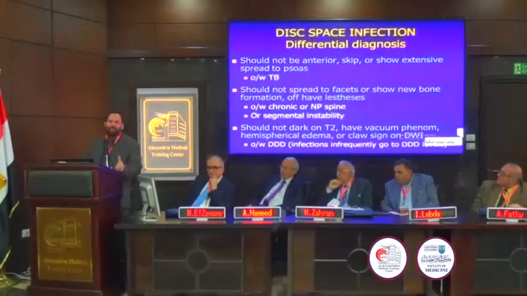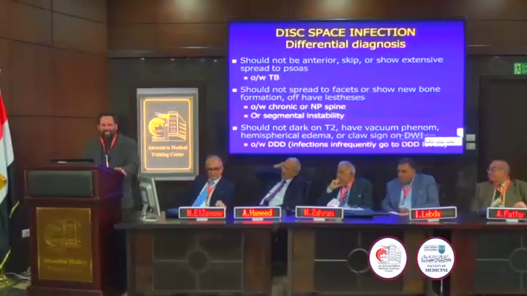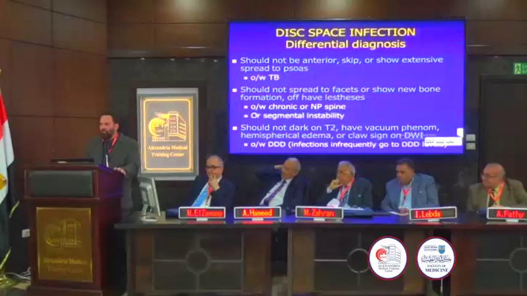Now we're going to speak about TB momentarily, but I wanted to talk about a thing called neuropathic spine. And neuropathic spine mimics a disc space infection. It's seen in diabetics. And the way you distinguish it is how irregular the end plates are and involvement of the facet joint.